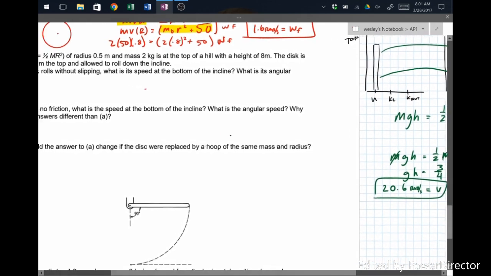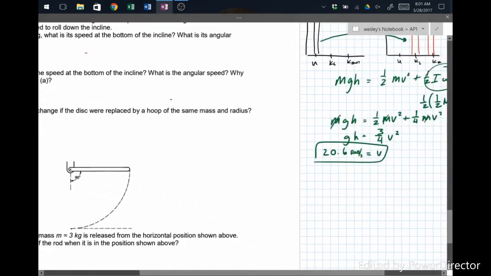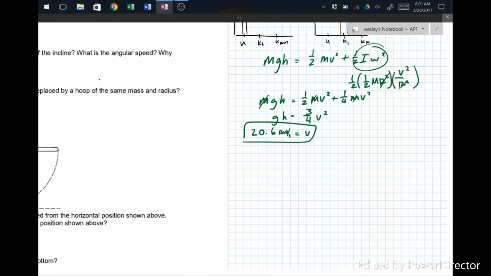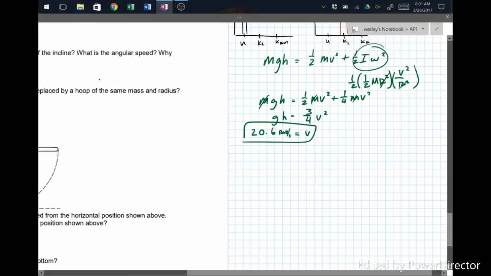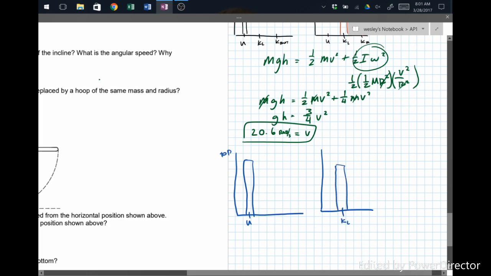Part B wants to know what's going on if there's no friction. And we'll continue that over here. For no friction, nothing about the top changes. At the top, we still have potential energy. But now at the bottom, because there's no friction, we have all linear energy.